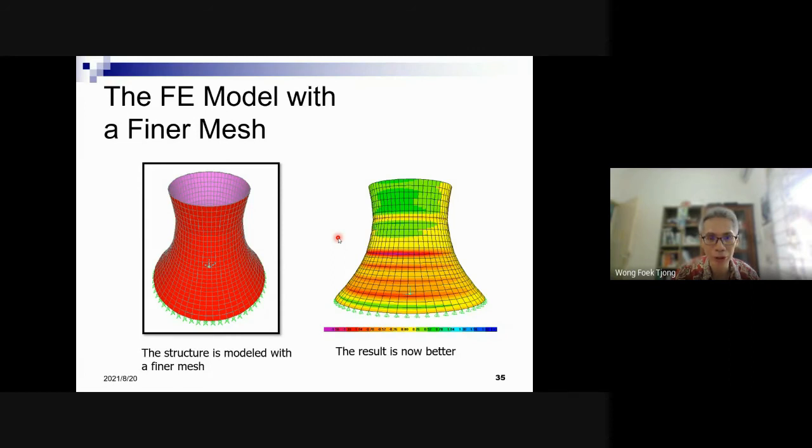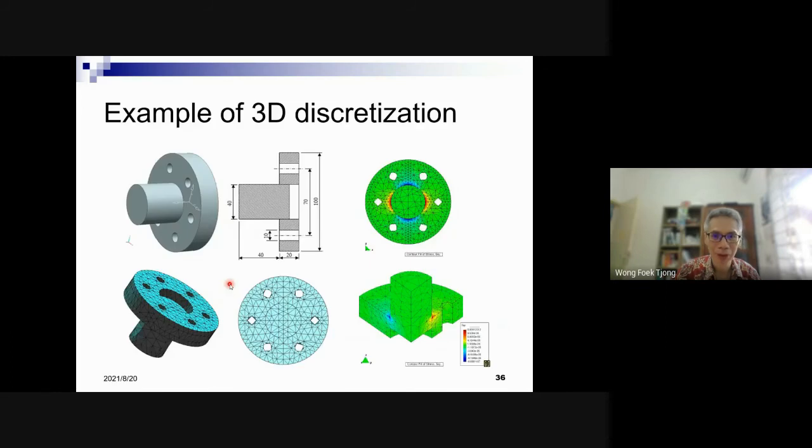Actually, wind load is also an important consideration, so we need to perform an analysis to determine the stress distribution due to wind loads for this structure. But please notice we can improve the result by making the element size h smaller. So let's call it h refinement.